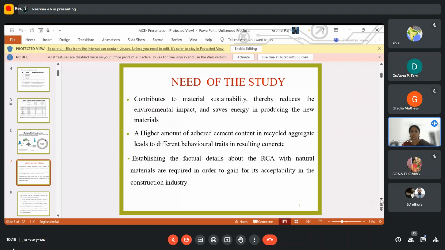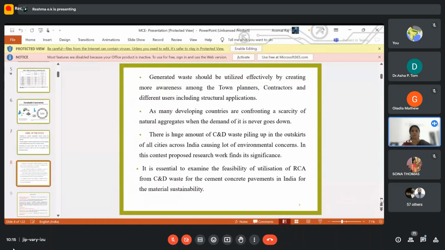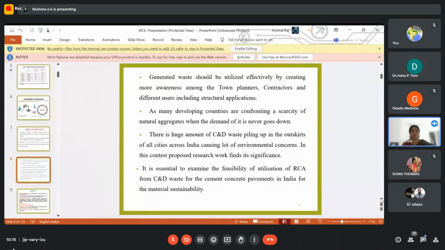And we need to establish the factual details of RCA, which is lacking. And later we need to create more awareness among town planners, contractors and other engineers to use this recycled concrete aggregate in structural applications. Because when you're talking about recycled concrete aggregates or demolition waste, most of them use it for subgrade preparation, or sometimes sub base.